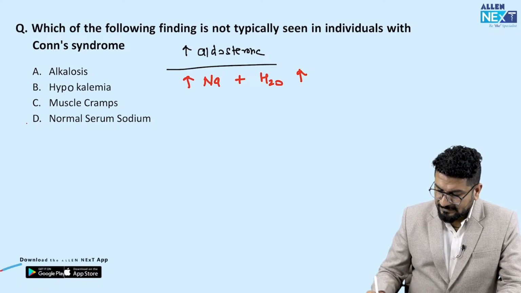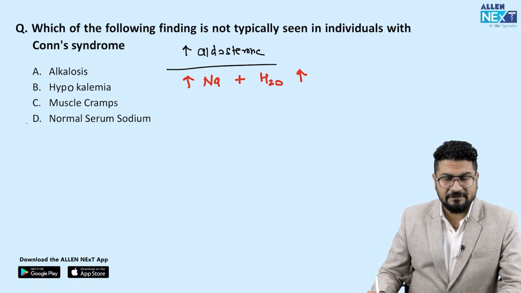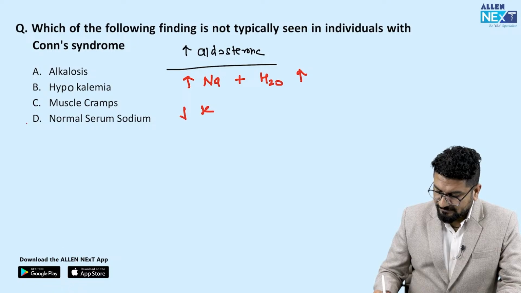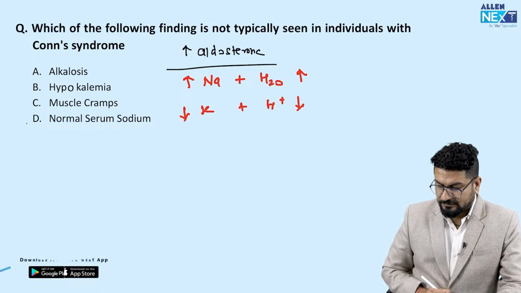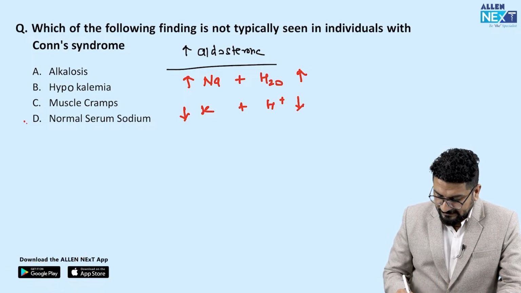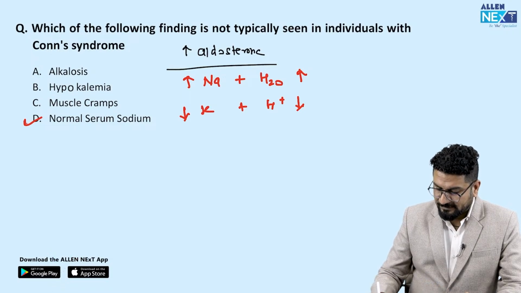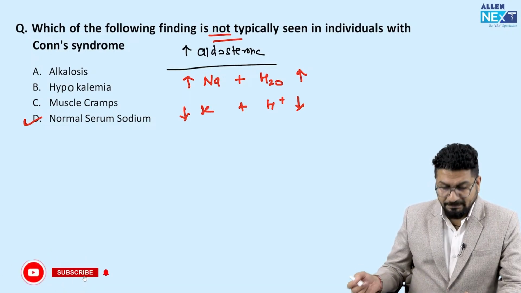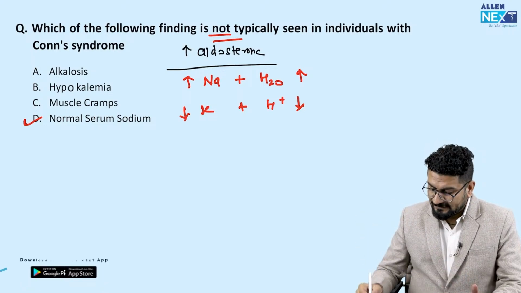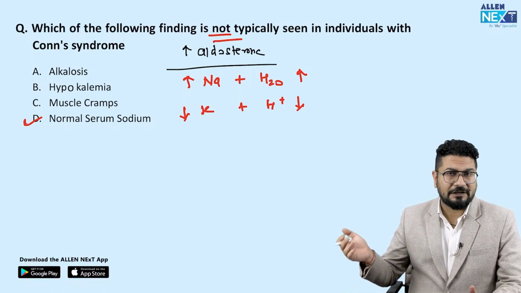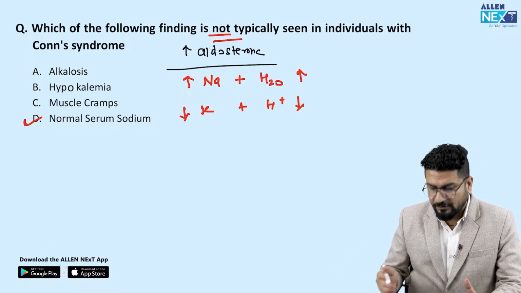This will be more, in exchange for potassium and H positive ion loss. So potassium will be less and H positive ion will be less. So sodium is more, so normal sodium is not typically seen. Sodium is generally increased. Then water is increased, but later on due to diuresis this will become normal, so that is not even given as an option.